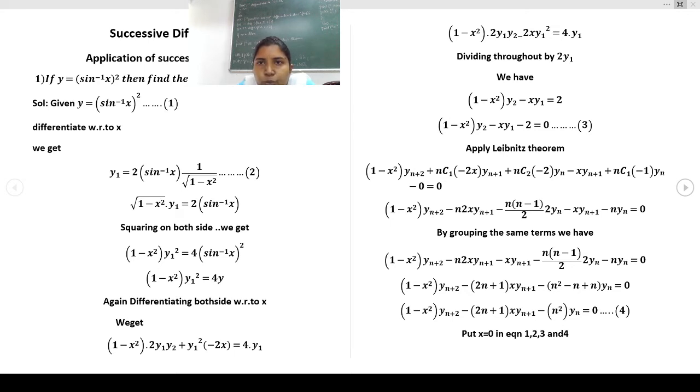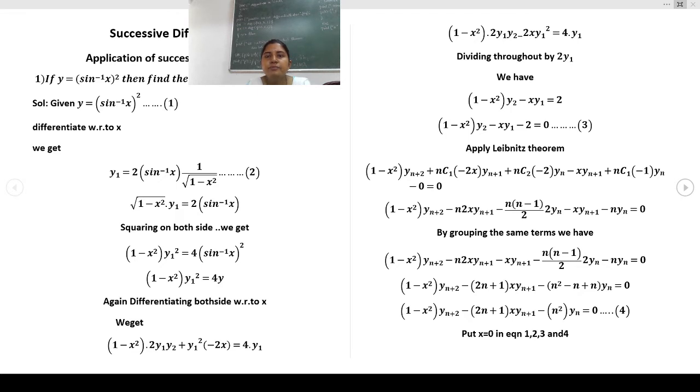Dividing throughout by 2y1, we have 1 minus x square, with 2y1 cancelled, y2 minus, with 2y1 cancelled, x into y1 equals, with 2y1 cancelled, 2 twos are 4, therefore 2. Next, 1 minus x square into y2 minus x y1. Take 2 to the left-hand side. We have minus 2 equals 0. Consider that as equation number 3.